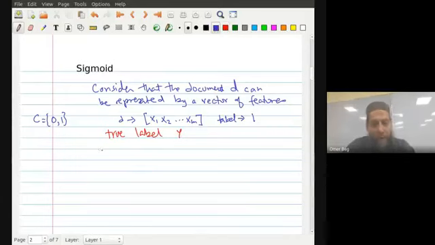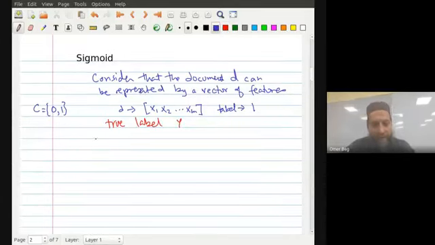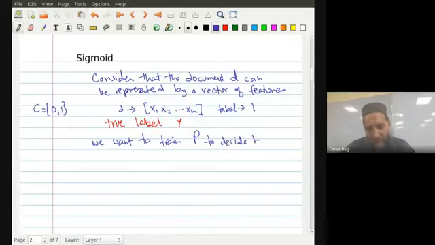Now, what we want using Sigmoid in our logistic regression is that we want to train probability P to decide between positive sentiment, if you are doing sentiment analysis, and negative sentiment.